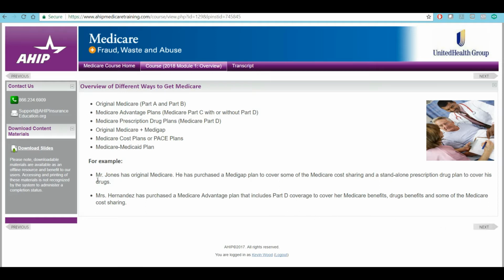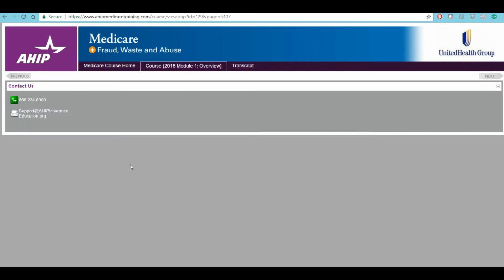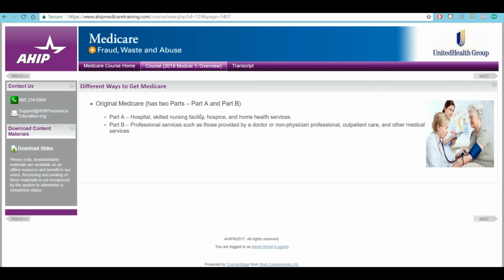So for example, it goes through these examples about clients and scenarios and case studies, and I'm hitting next, and it's going to continue on to the next page, and it explains as I have, and you've seen on my tabletop presentation, and I go through explaining all this. Part A, hospital, skilled nursing, hospice, and home health care.